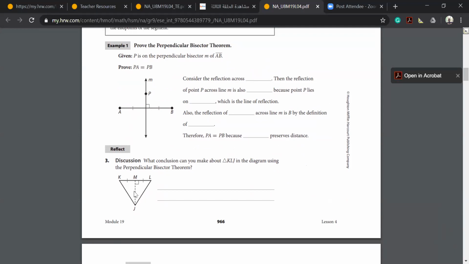And when you know that these two sides are equal, you will understand that JM will be the perpendicular bisector of KL. You understood? So it will be the opposite. Instead of telling you that these two sides are equal and that this angle is 90, no, he will tell you if these two sides are equal, so JM is the perpendicular bisector of KL.